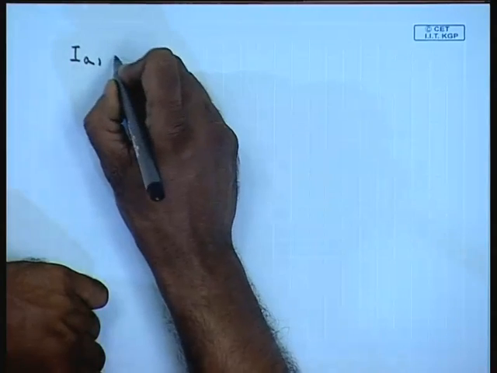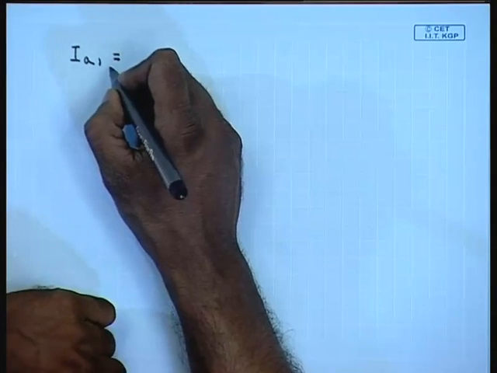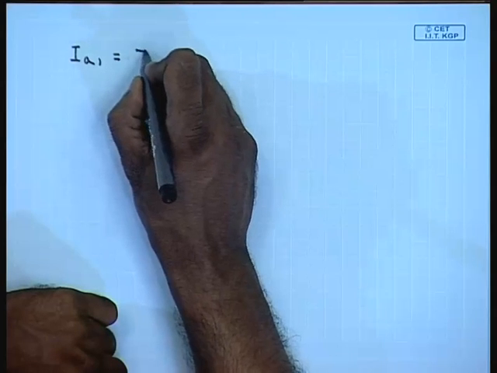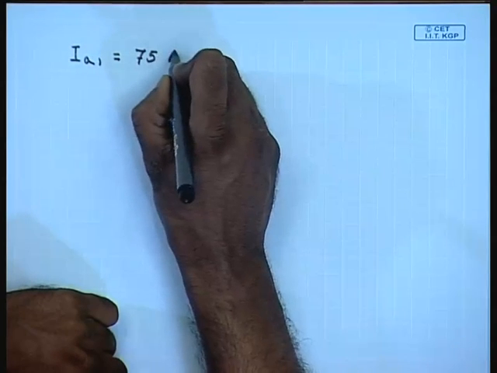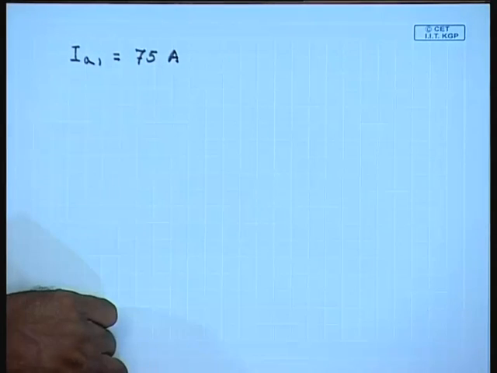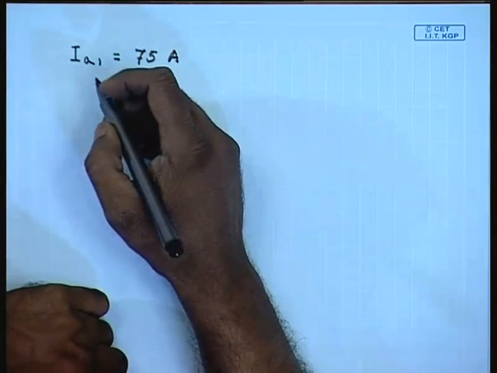let us first ask the question, let us say for some value of armature current Ia equal to 75 amperes, what will be the induced voltage?